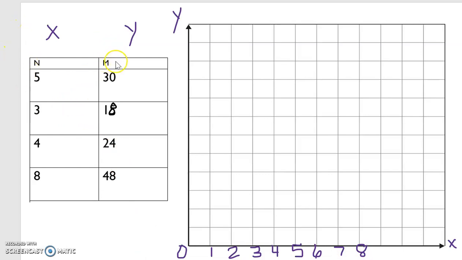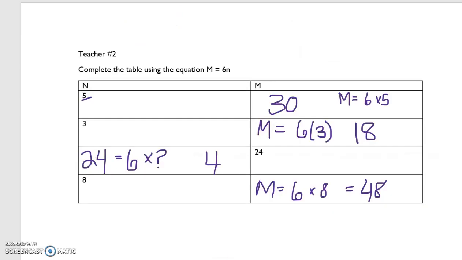However, when I look at these y values, I have to go all the way up to 48. So I can't count by ones because I don't have enough space here. So we want to think of a scale or a number that's realistic to count by so I can get up to 48. Something that's going to help me choose that for this particular problem is to look back at the original equation.